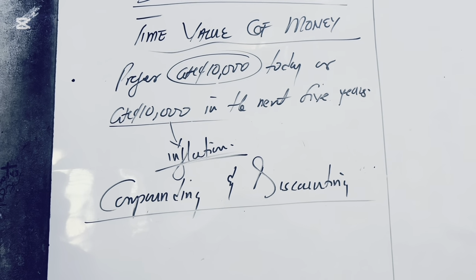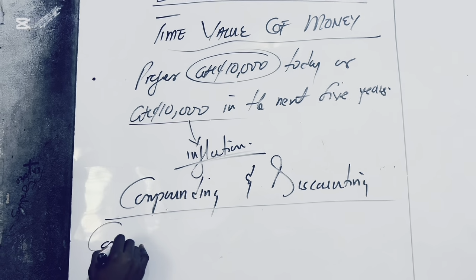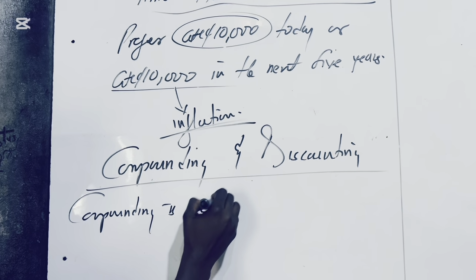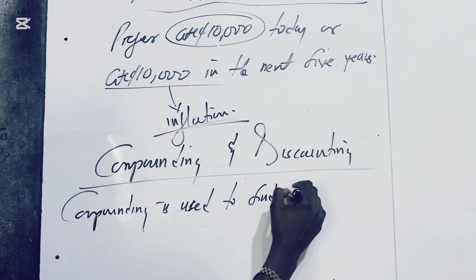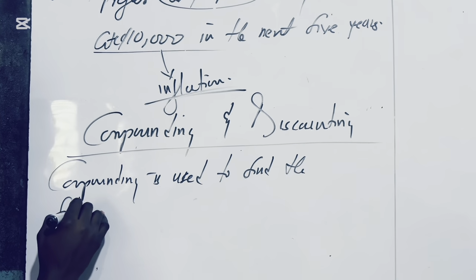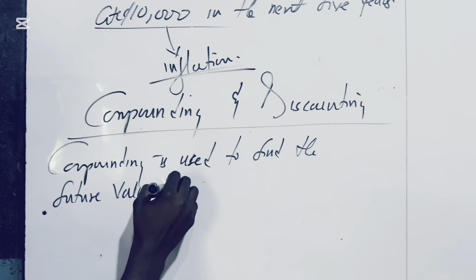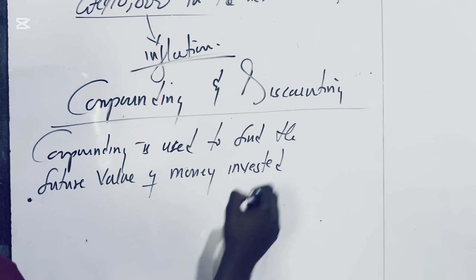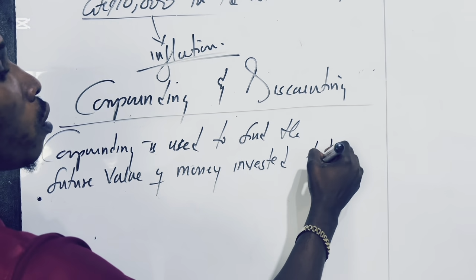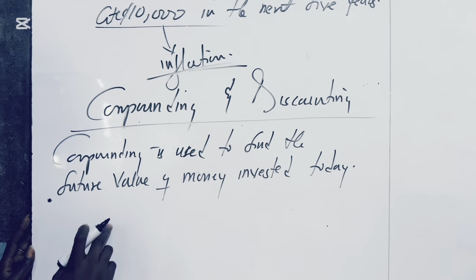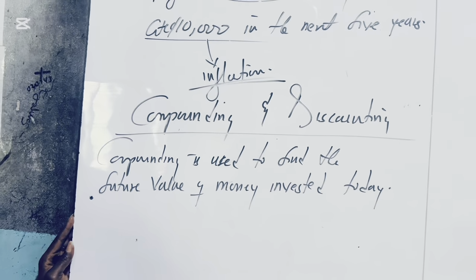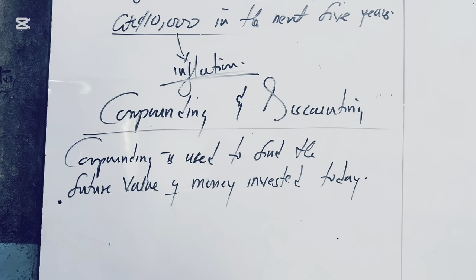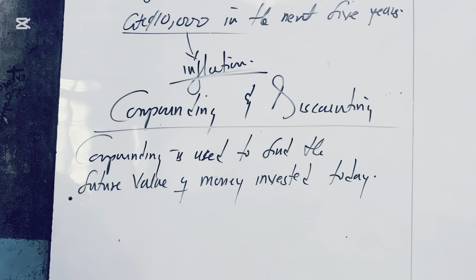Now, when we say compounding, it is used to find the future value of money invested today. So if I invest 20,000 Ghana cedis today, what will be the future value after 2 years, given a particular interest rate?